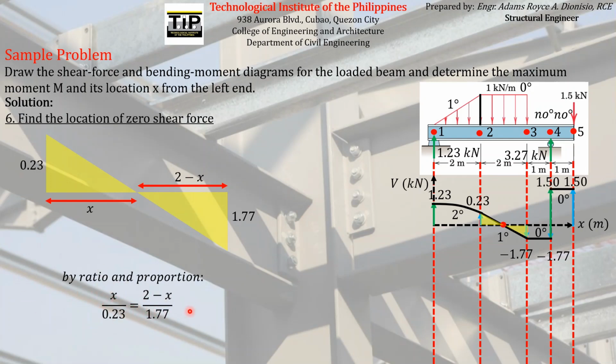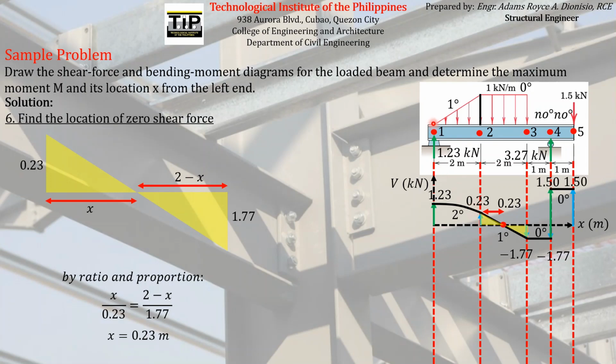Solving for x, you can just use the shift solve function of your calculator, and you will see that the value of x is equal to 0.23 meters. So this zero shear force is located 0.23 meters from this point, from point 2.